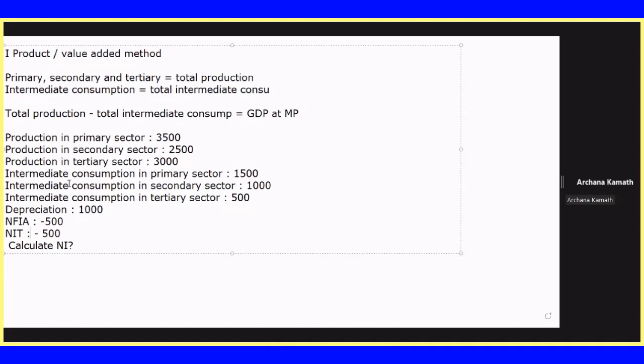For example, I am a doctor who is providing service for a fee, but at the same time I'll be providing it for my own family members, whose value cannot be taken into account. So that kind of consumption which happens, or the part of the production which is not valued, which is kept aside for further production, is known as intermediate consumption.